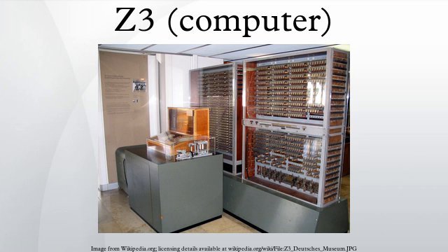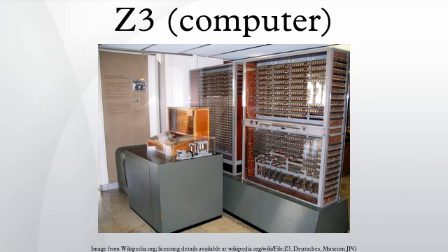Specifications: Average calculation speed: addition 0.8 seconds, multiplication 3 seconds. Arithmetic unit: binary floating point, 22-bit; add, subtract, multiply, divide, square root. Data memory: 64 words with a length of 22 bits. Program memory: punched celluloid tape. Input: decimal floating point numbers.